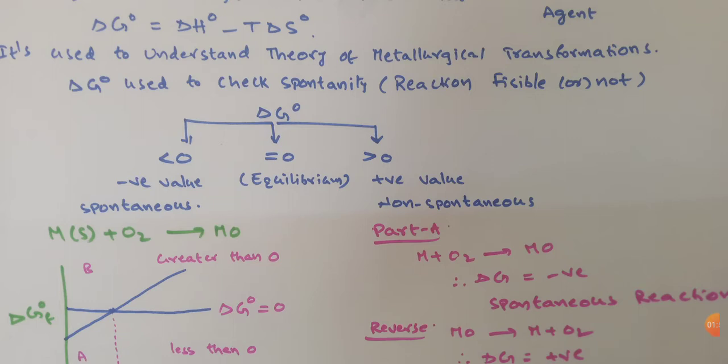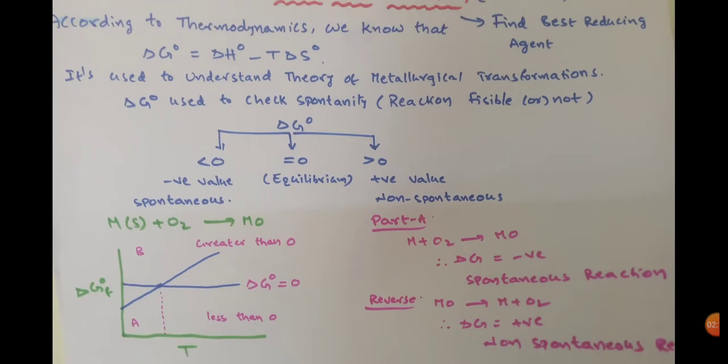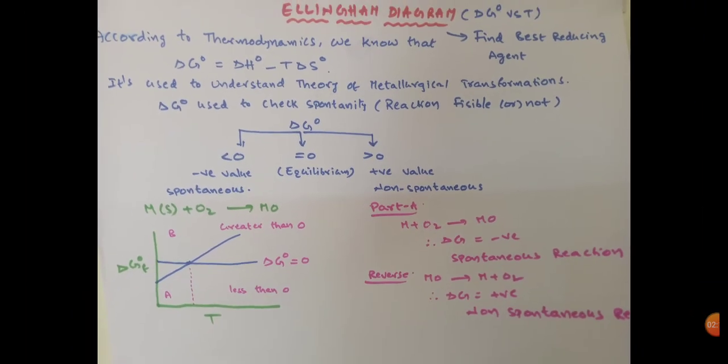Similarly, when delta G naught is equal to 0, the reaction is in equilibrium, and when delta G naught is greater than 0, the value is positive and the reaction is a non-spontaneous chemical reaction. This is the brief introduction about the Ellingham diagram.